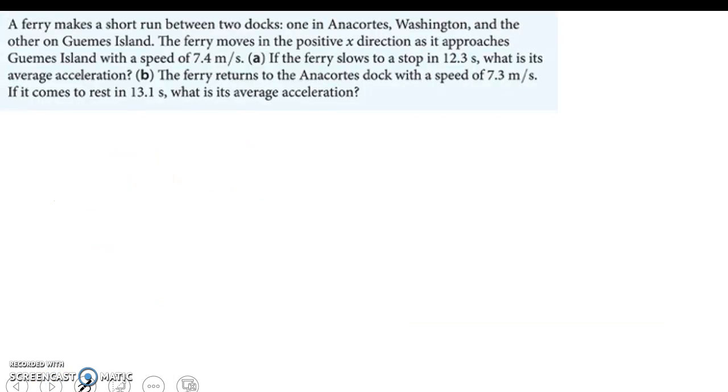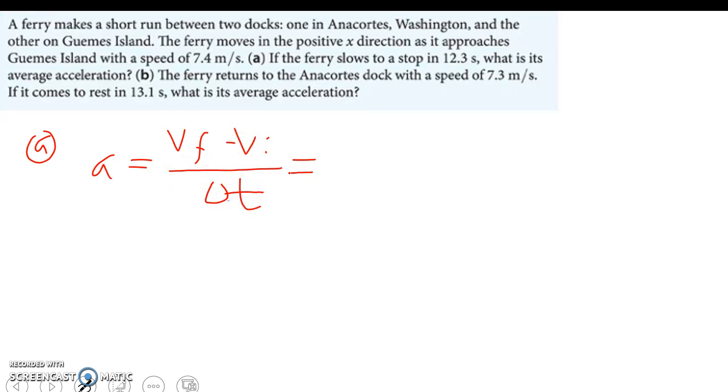Here's a problem. A ferry makes a short run between two docks, one in Anacortes, Washington, and the other on Guaymas Island. The ferry moves in the positive x direction as it approaches Guaymas Island with a speed of 7.4 meters per second. If the ferry slows to a stop in 12.3 seconds, what is the average acceleration? So, acceleration is velocity final minus velocity initial over change in time.